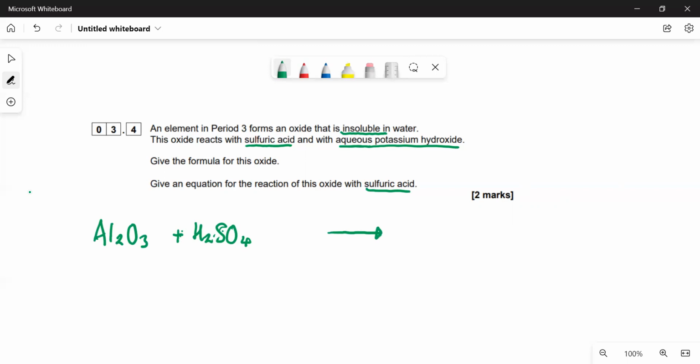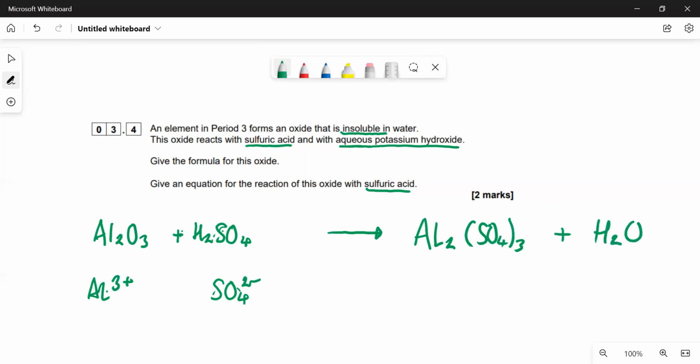Sulfate is the SO4 2- ion, whereas aluminium forms an Al3+ ion. So the formula of aluminium sulfate is going to be Al2(SO4)3. We're also going to form water, salt and water when you have a metal oxide and an acid.